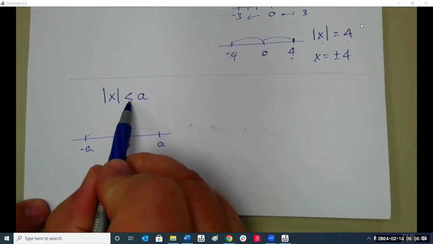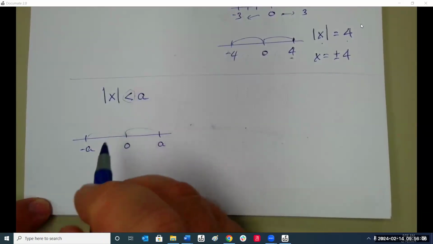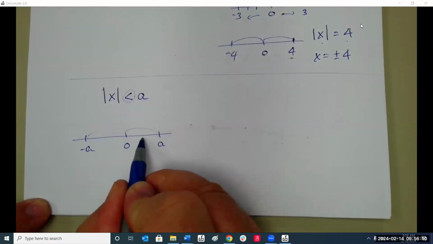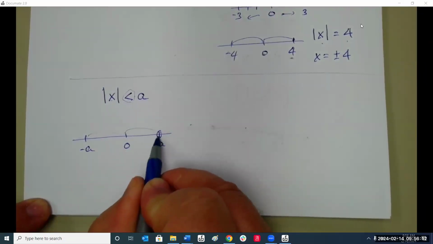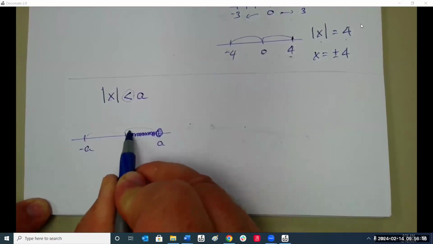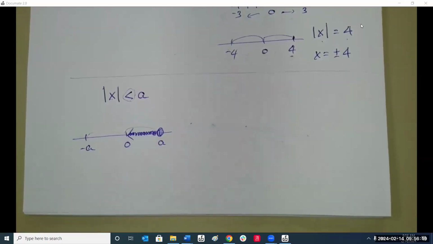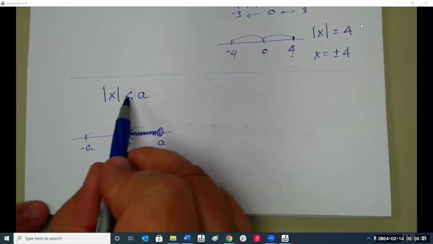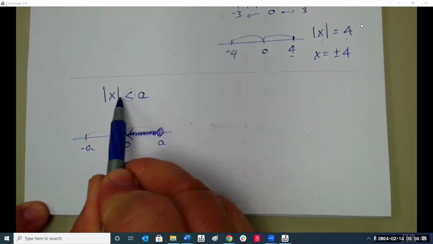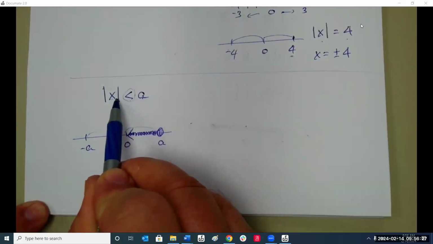So now we're looking at this. Instead of an equal sign, now we have X is less than A. So here's A, and it's less than A, so it goes all the way to zero. What this says is it's going from my number to the zero, to the inside.